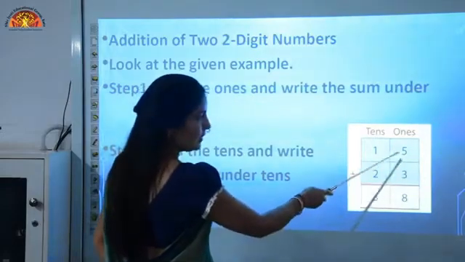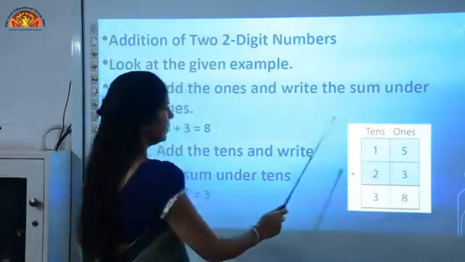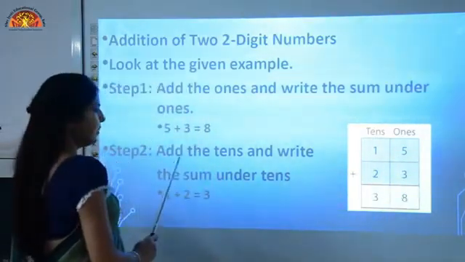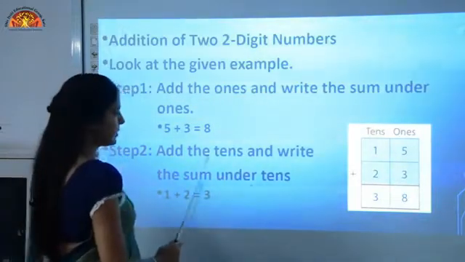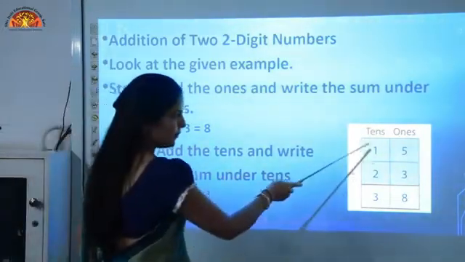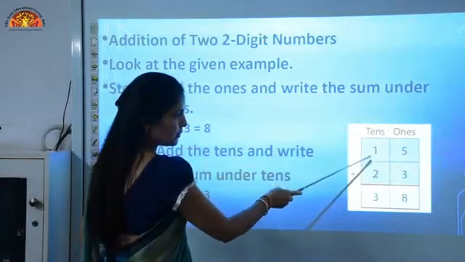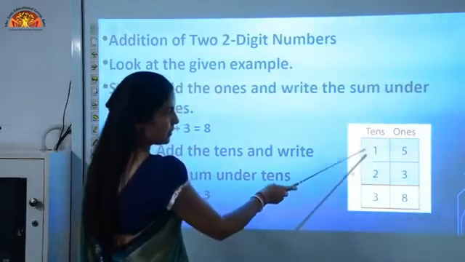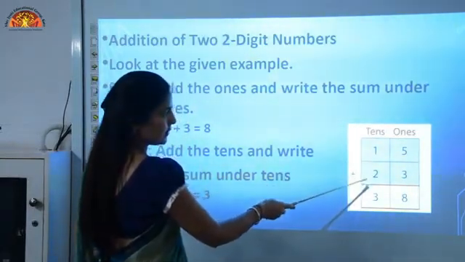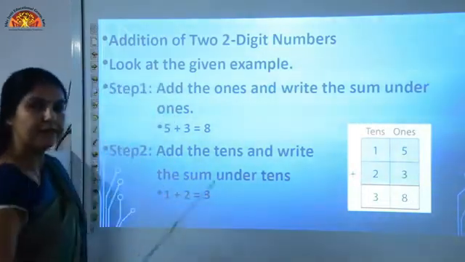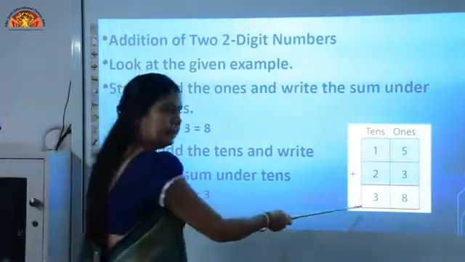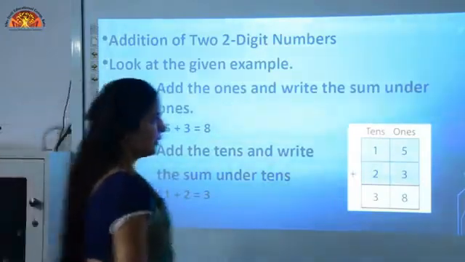So we will add these two numbers first. And step 2, add the tens and write the sum under the tens. Here 1 and 2. These both numbers are at tens place. So we will add these numbers at the tens place and we will write the sum of these numbers at the tens place.